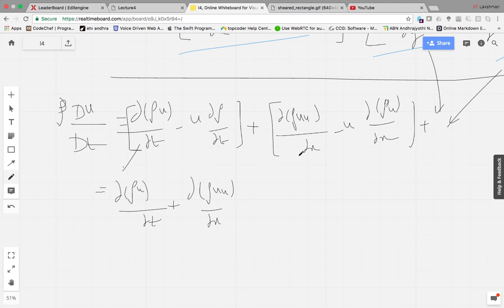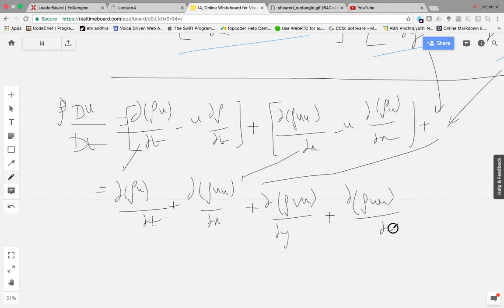So what I did is I combined this. Similarly there will be another term, plus del rho v u by del y plus del rho w u by del z. We wrote the first terms, this one and the first term from the other things.